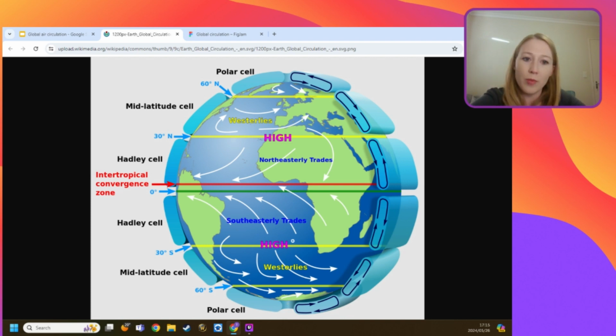We have the wind blowing from the high to the low, deflecting left in the southern hemisphere, right in the northern hemisphere. And that's where we get our easterly trade winds, our westerly winds, and our easterly polar winds. Okay, I really hope that this has been helpful.